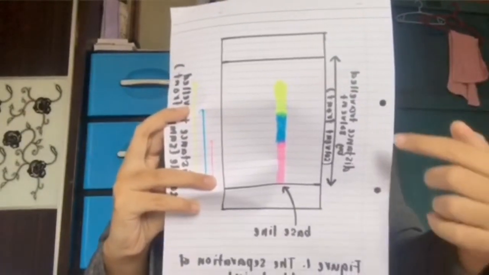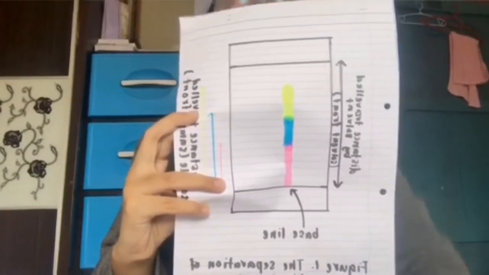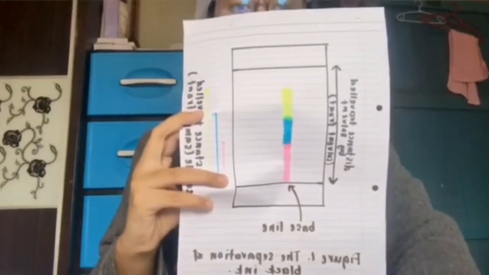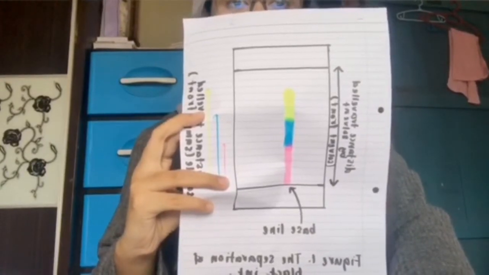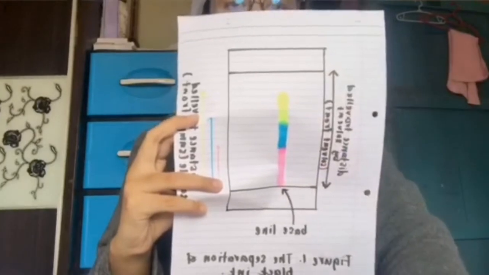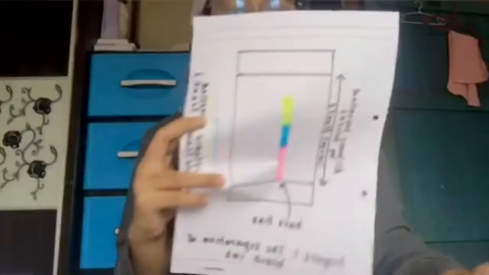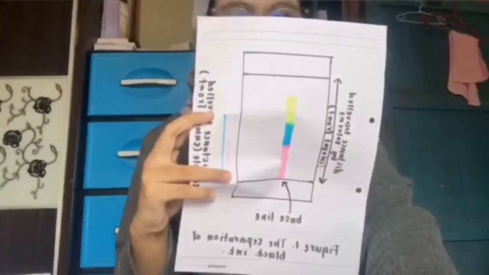Let's say that the red component traveled 1.7 centimeters from the baseline here. And the solvent front here is 5 centimeters, and please keep in mind that the distance of the solvent front will always be constant.